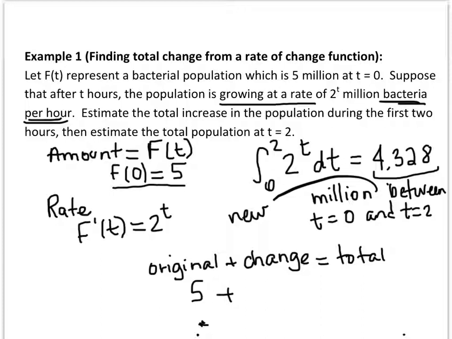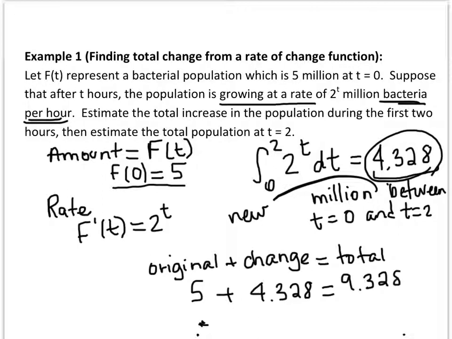The total change is given to me by the definite integral. Now I have the total amount of bacteria at time t, million bacteria at t equals 2.